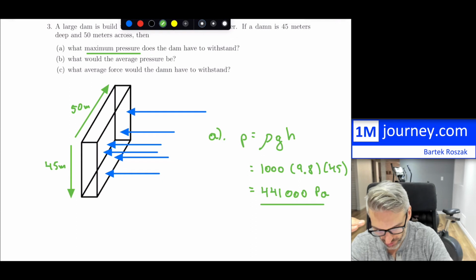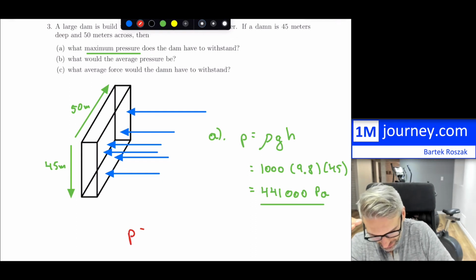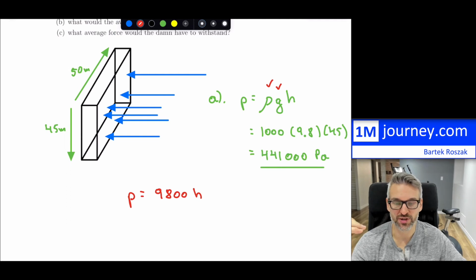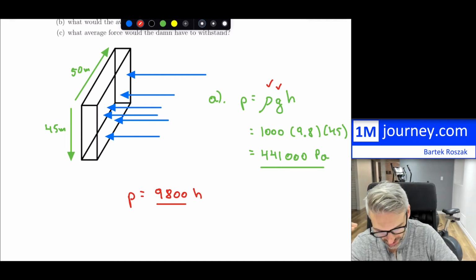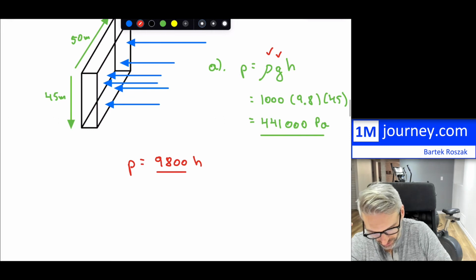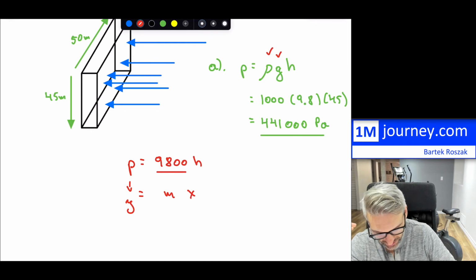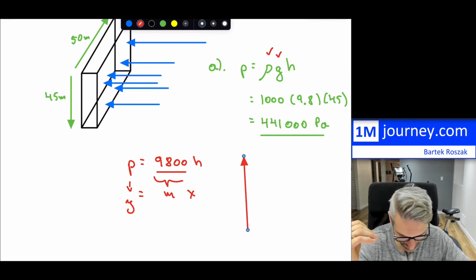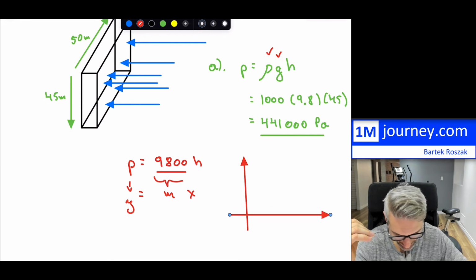So if I substitute these two in here, pressure P is equal to 9,800 times the height. This is a linear relationship, because this doesn't change. If you think way back to math, this is your y, this is your slope, this is your x, and the intercept is basically 0. So you have this nice linear relationship for pressure.